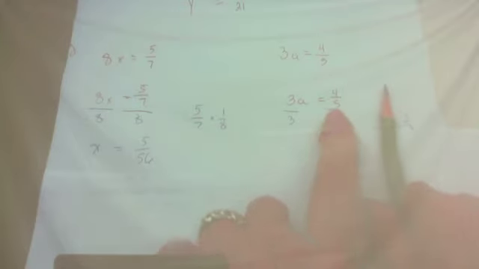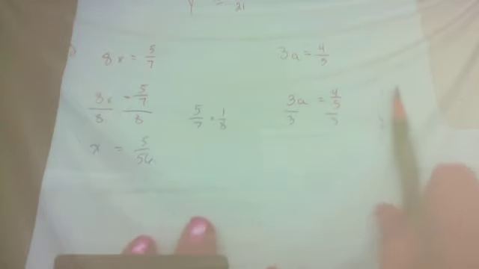When I divide both sides by 3, I have 4/5 divided by 3, so I'm going to keep, switch, flip, because that's how I divide with fractions. I keep 4/5, I multiply by 1/3, and there's nothing to simplify, so I get 4/15, and that's in simplest form.